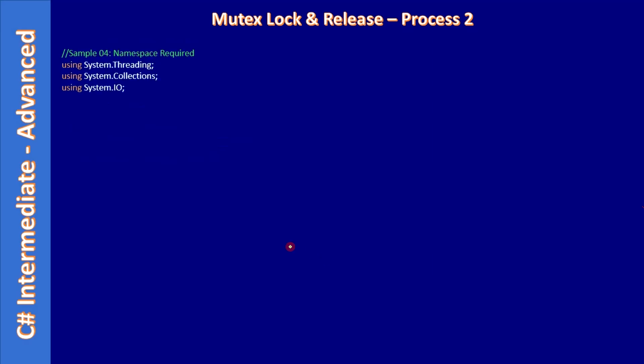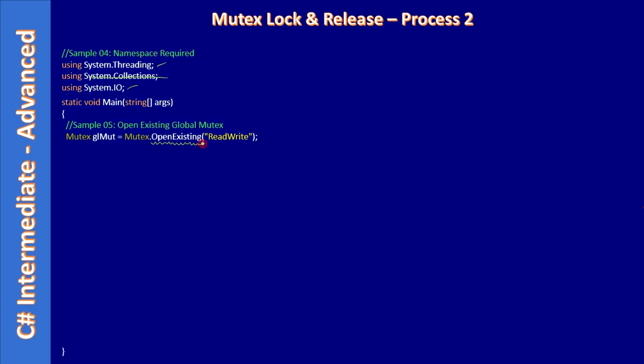So here is the process P2. Threading and IO, we are using; correction, collections we are not using. The important thing here is we are using OpenExisting, and we reference the mutex name. The name is registered with the OS, right?